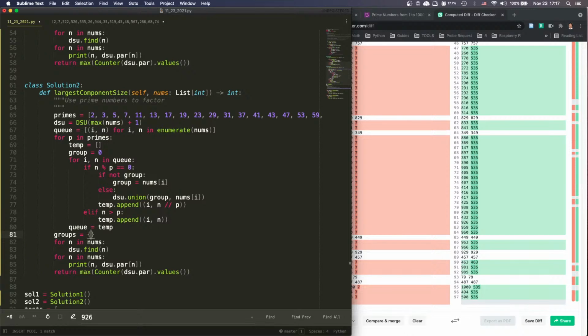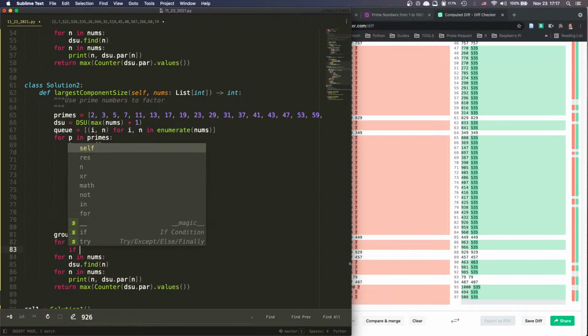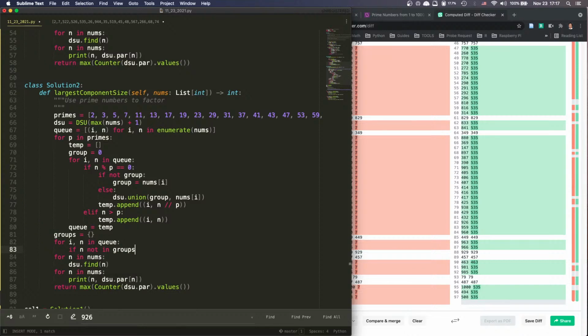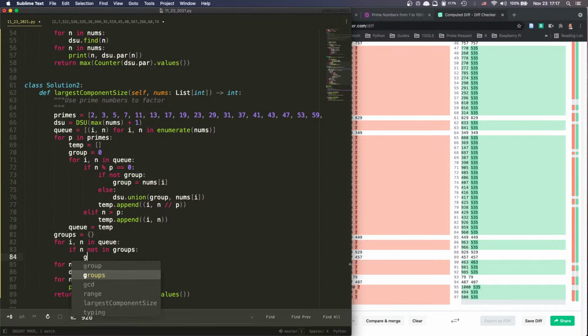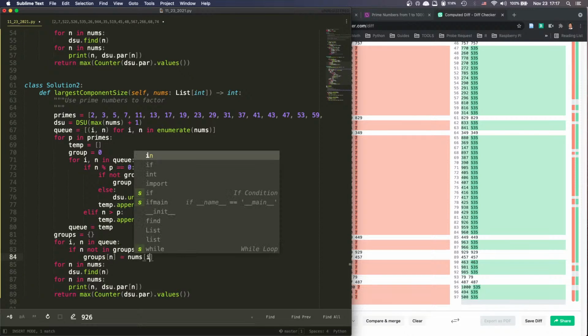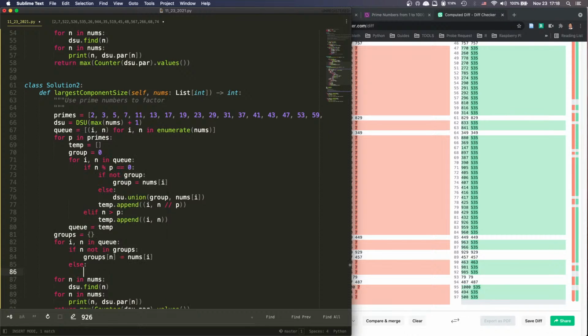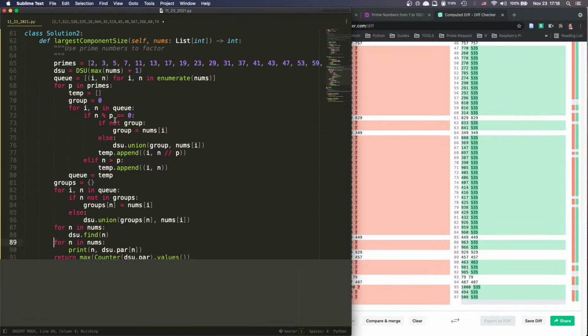And we're going to say for n in Q, if n not in groups, then groups[n] equals nums[i], else, if it's already in it, then we're just going to say dsu.union groups[n] and nums[i].